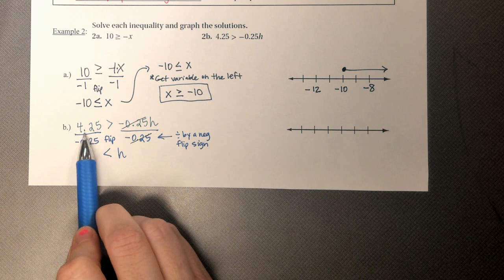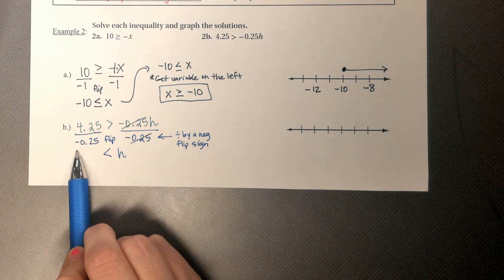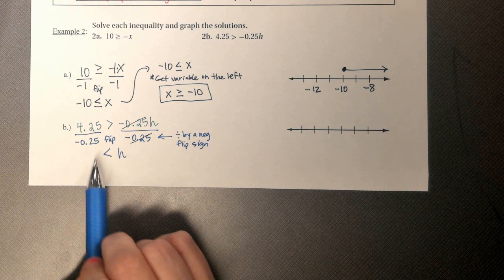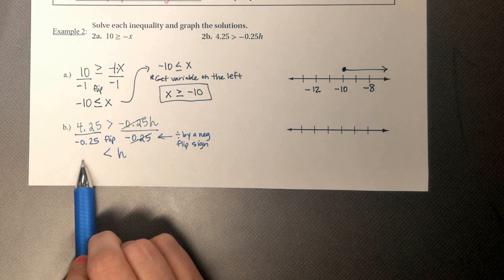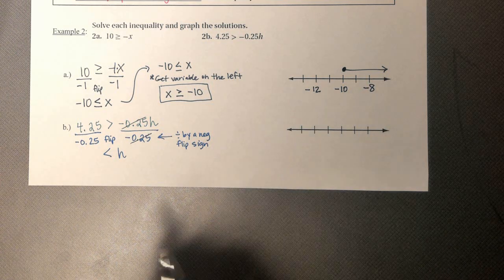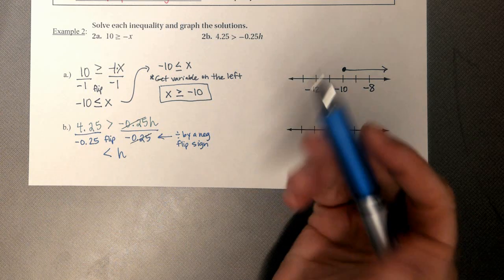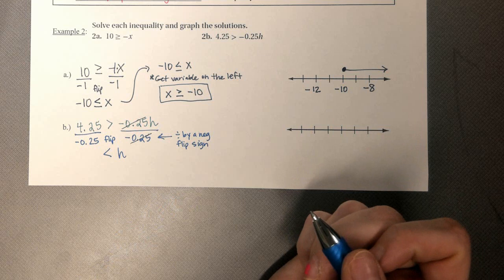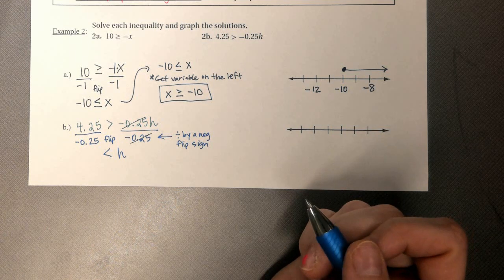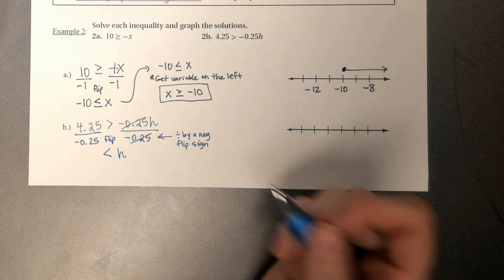Okay, and then when you do 4.25 divided by -0.25, Keith, what did you get for that? Did you do that yet in your calculator? Oh, will you do it real quick and just tell me what you get? Great.